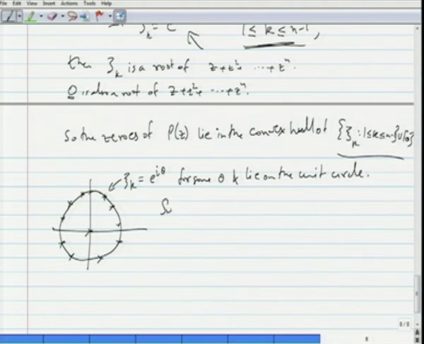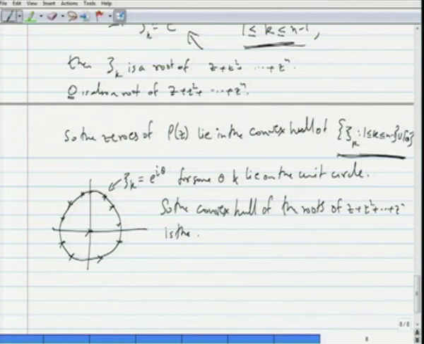Okay. So, the convex hull of the roots of this set, okay, of the roots of z plus z squared plus so on until z power n, okay, is actually a subset of the unit disk, B bar 0 1. Okay.